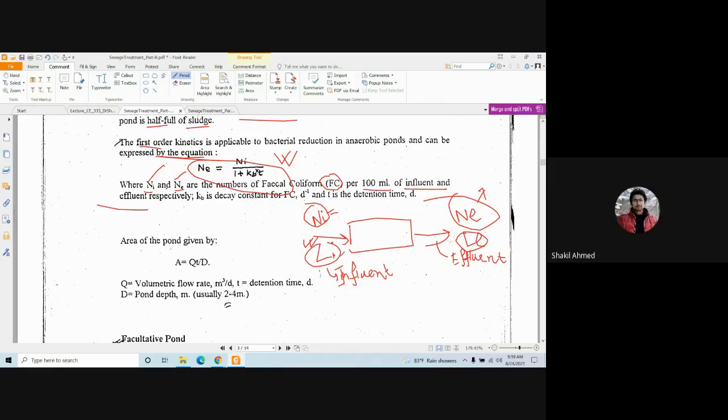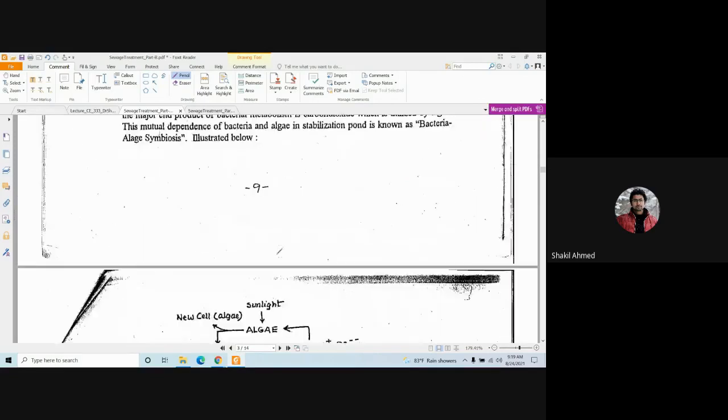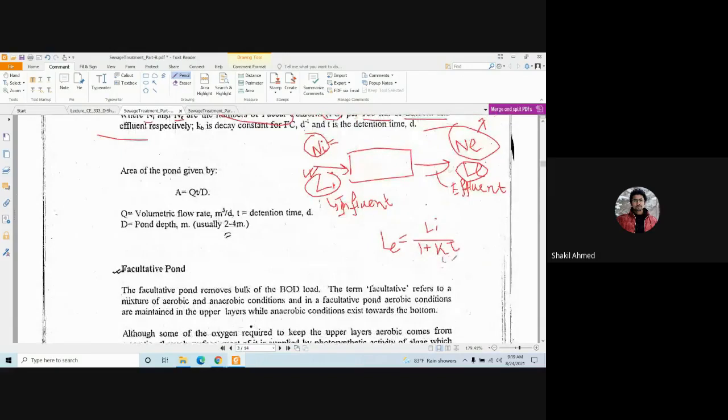And for Le, this is Li divided by 1 plus K into T. And here, this is the BOD reduction rate constant.